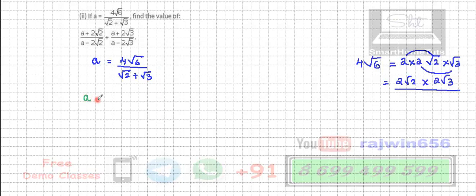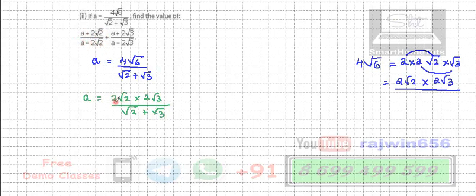So a is equal to 2 root 2 into 2 root 3 upon root 2 plus root 3. Out of this, I'm going to bring one of these things down. Why am I doing this? Because here I can see there is a plus 2 root 2 upon a minus 2 root 2.